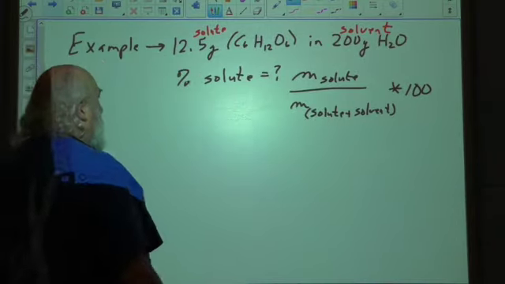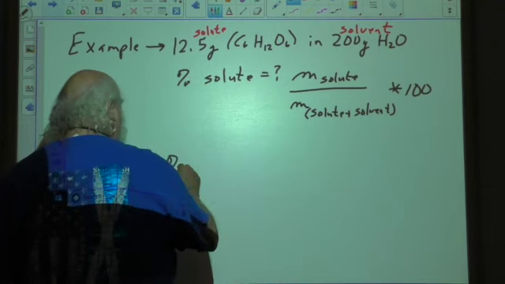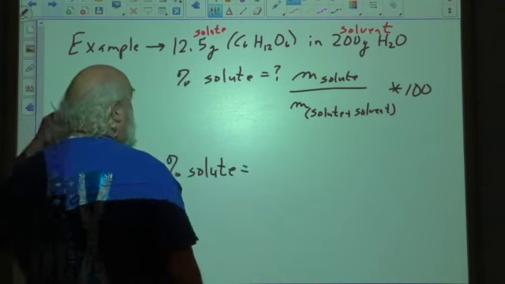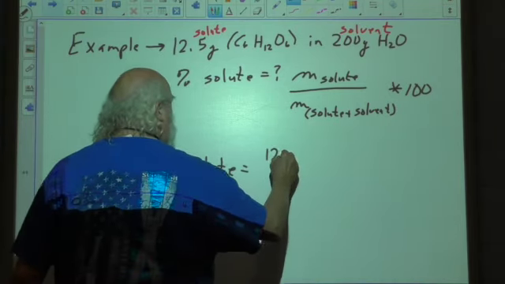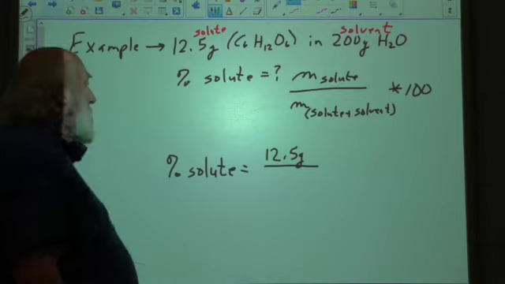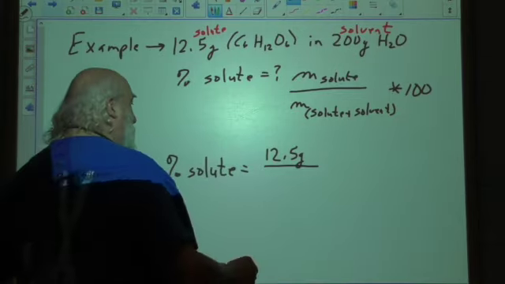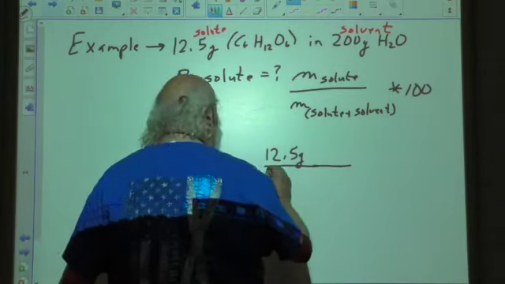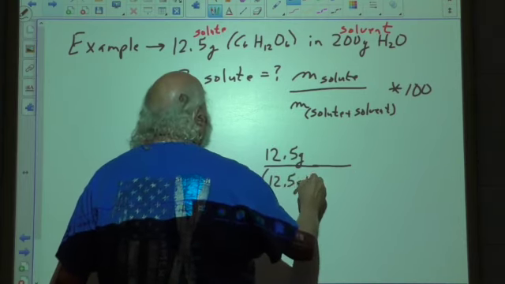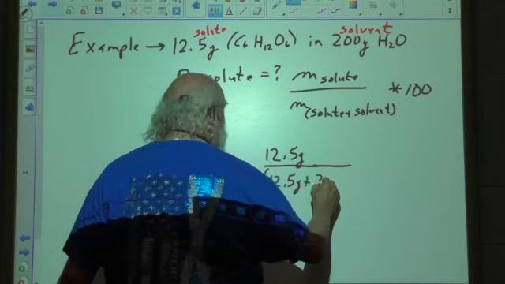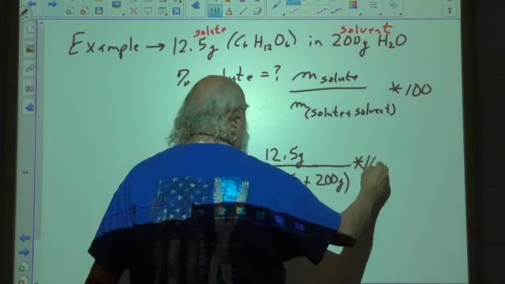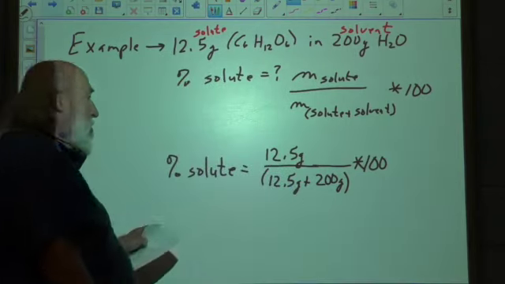Okay, so the percent solute equals the mass of the solute is 12.5 grams. The mass of the solute and solvent together, I'll put both of those down. So the solute we said is 12.5 grams plus the solvent is 200 grams. And then times 100. So you punch that into your calculator exactly the way it's written.